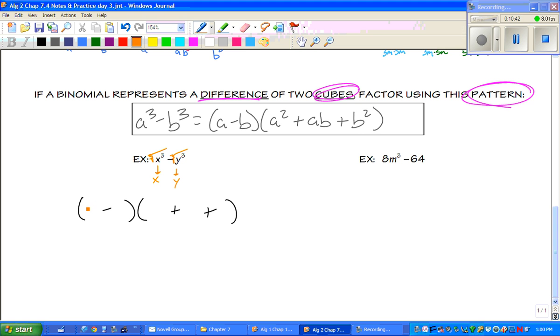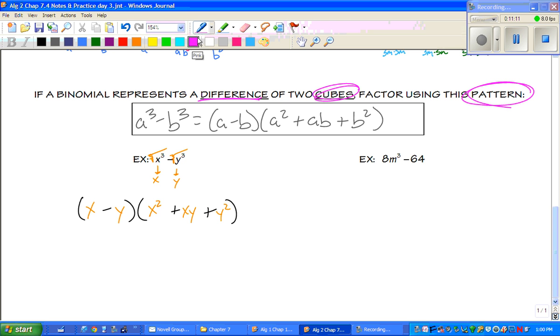Okay, got x and y, x squared plus xy plus y squared. And that's it. Okay. Now, you really don't have to memorize it because there's going to be a sign in the front of the classroom. It's just you got to get used to the pattern.